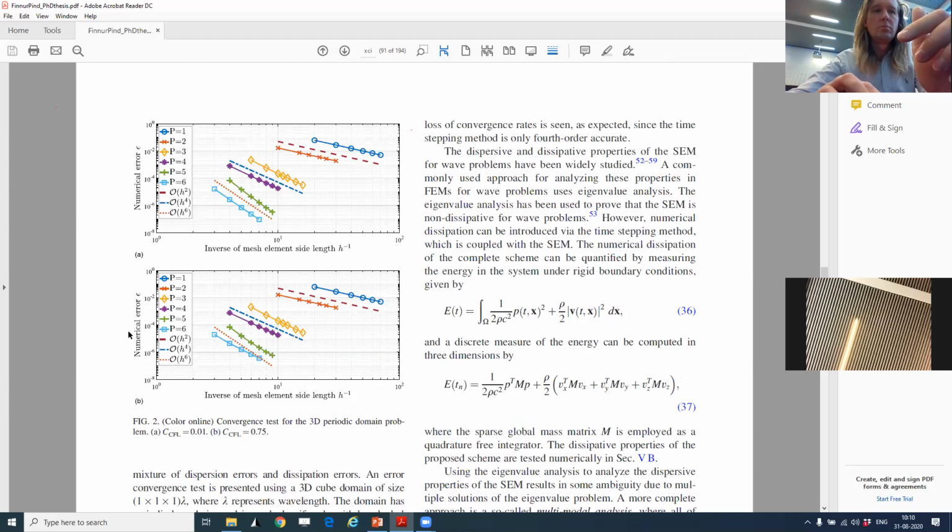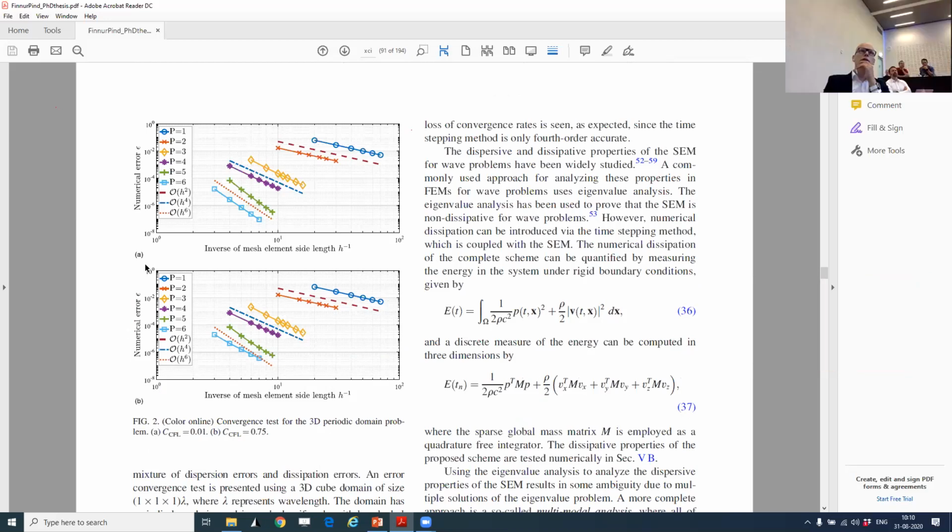So does it mean that in these figures, the top one with a very low CFL number, this is actually only the dispersion error we are seeing? Yeah. Okay. So, as is mentioned in the paper, it's been shown that SEM is only dispersive, not dissipative. So the only dissipative errors are due to the time stepping part.